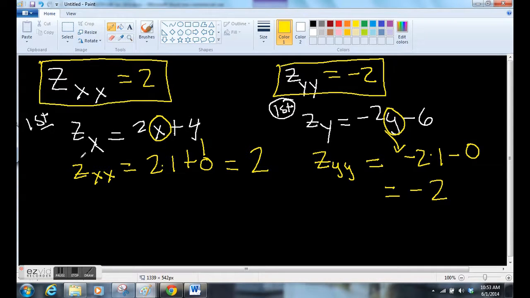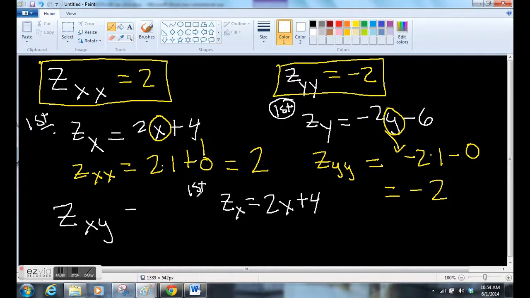Deep breath. Last one, zxy. Okay? So that's what we want to find. Remember, the derivative in terms of x, the first derivative, was 2x plus 4. Remember, it was right there, this one. First derivative in terms of x. And now we want to take zxy. So we're going to do the same thing with respect to y. And you'll notice there's no y terms.